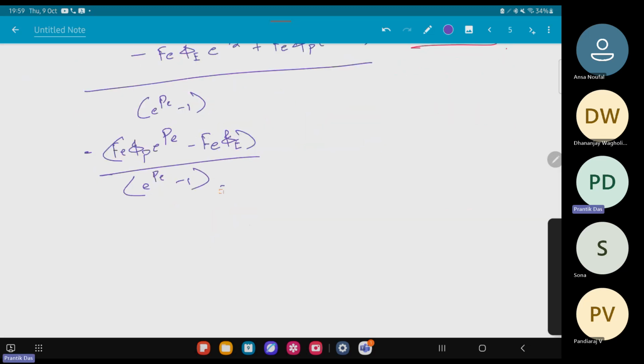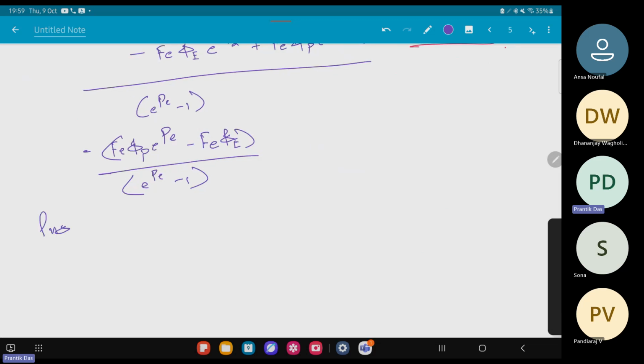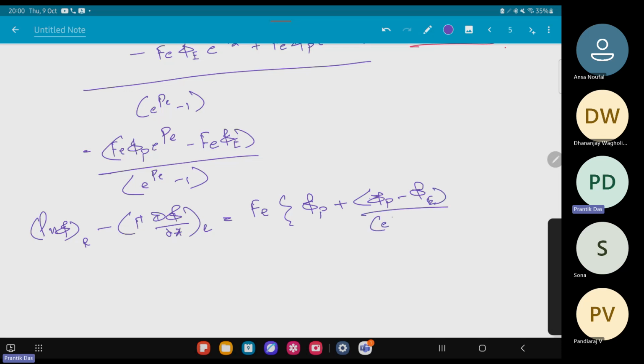Then I can go further. So this will be rho u phi e minus gamma d phi dx at e equals Fe phi p plus (phi p minus phi e) divided by exponential of Peclet number minus 1.